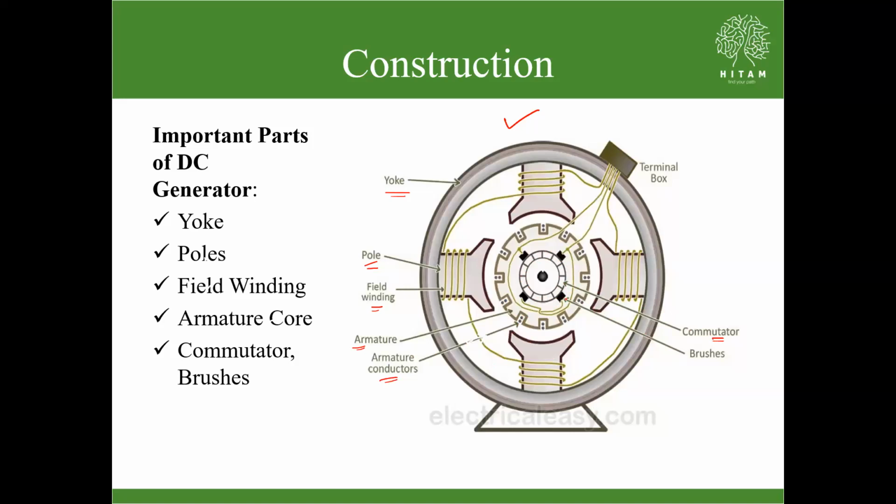Above that commutator, there are square-shaped black boxes, which we call brushes. And obviously the terminal box, which carries the input and output wires. See, these are the two input wires and these are the two output wires. Right? Understood? These are the components presented in a DC machine.